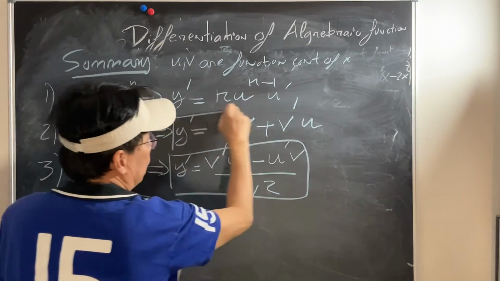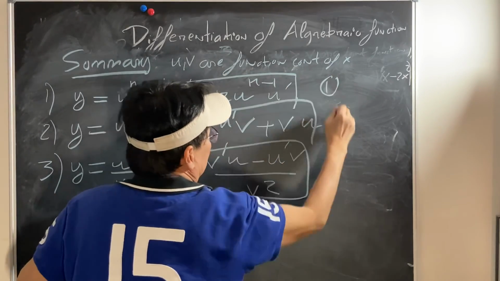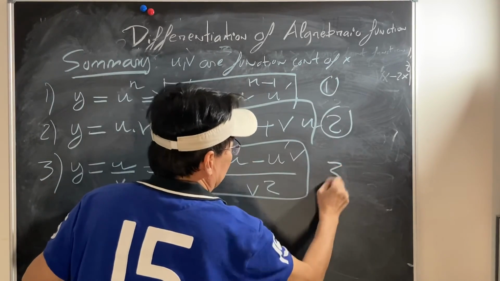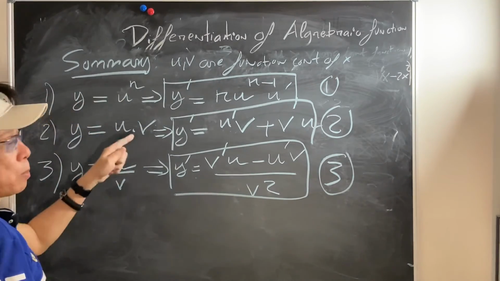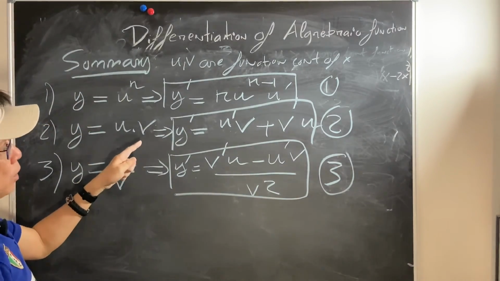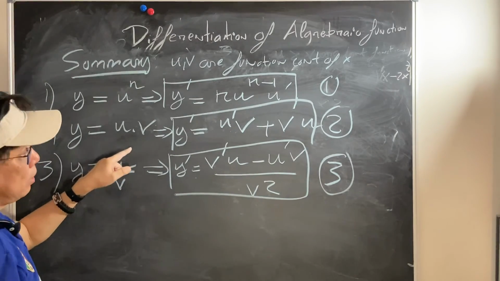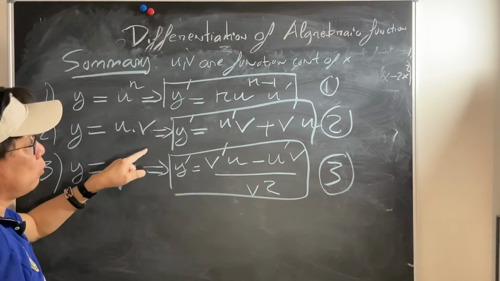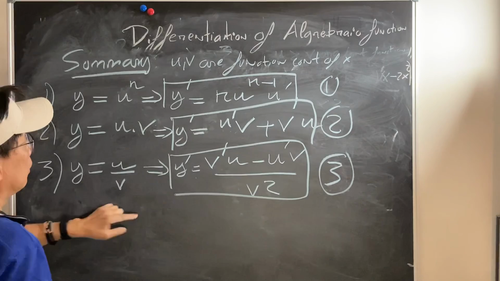So here are the three formulas you should remember: 1, 2, and 3. And if you remember this, so mostly when you get a problem in calculus, you will be able to take the derivative easily.